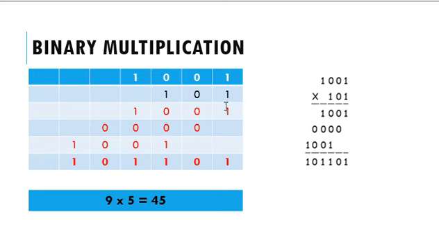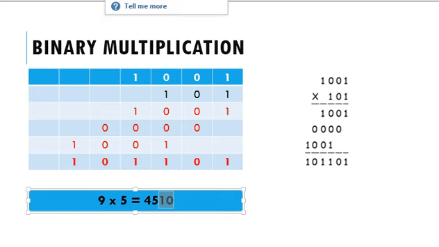In this case, we bring down 1, then we put 0 here, we put 1 here, bring down 1, we put 0, we bring down 1. That's why we get 101101, which is actually equivalent to decimal 45. In this case, let us not forget to put the radix 10, since this is a decimal number.